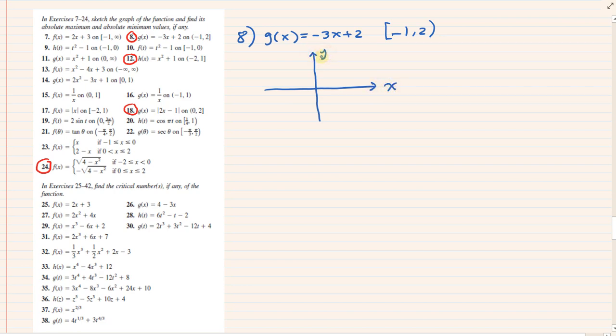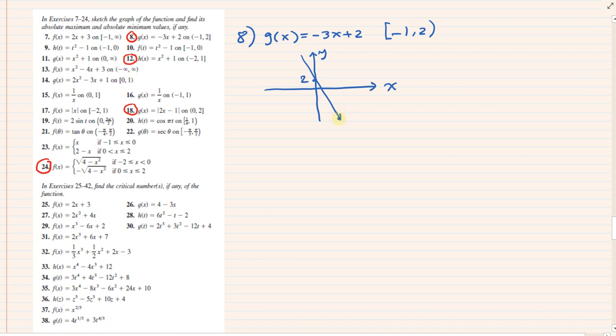For this one, the y-intercept is at 2, and the slope is -3, so it's going to be a rather steep line. We don't need exact plotted points; this is good enough for what I'm doing here. That's why we graph these by hand. As long as we have a realistic graph, that's good enough. So there's the y-intercept.